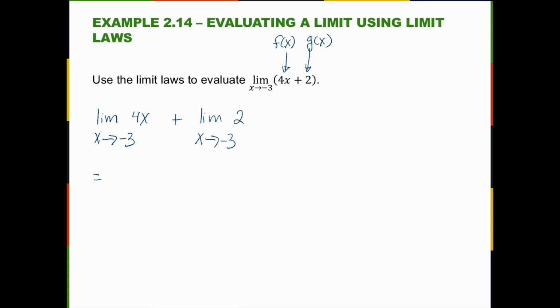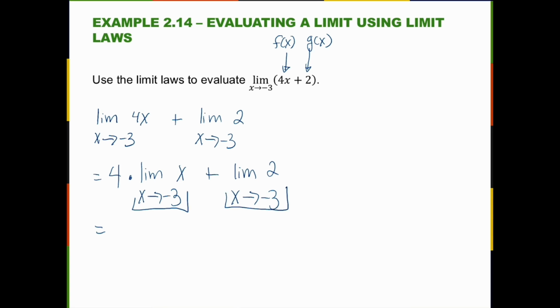And then I can use the constant rule where this 4 can come out in front. So I can do 4 times the limit as x approaches negative 3 of x plus the limit as x approaches negative 3 of 2. And now we have it based on those two very basic rules that we talked about at the beginning.